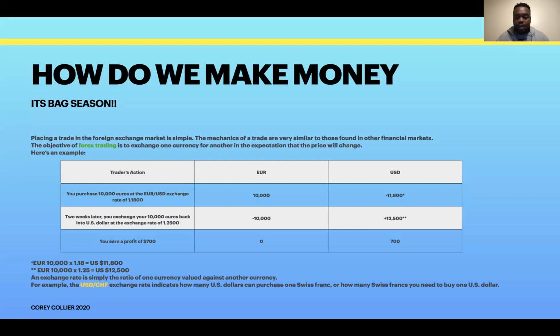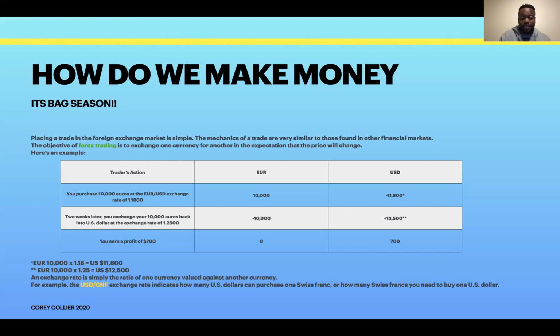So here's the example that we use, guys. In this chart, we've got the trader's action, and we're speculating on the Euro USD. So we're purchasing 10,000 euros at the exchange rate of $1.18. All right. 2 weeks later, you exchange those 10,000 euros back into dollars at the exchange rate of 1.25.